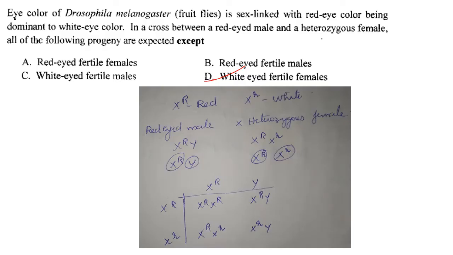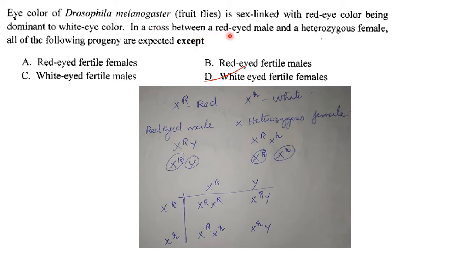Then next one. Eye color of Drosophila melanogaster is sex linked, with red eye color being dominant to white eye color. In a cross between a red-eyed male and a heterozygous female, all of the following progeny are expected except.